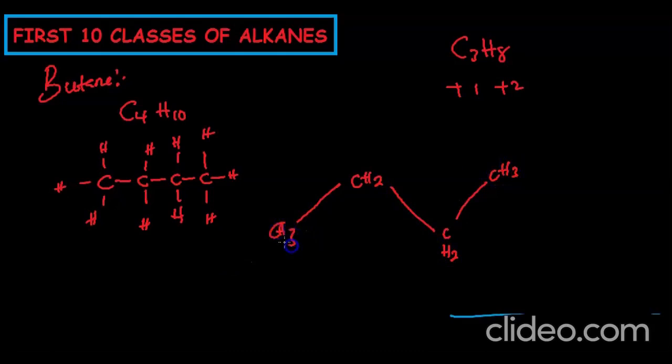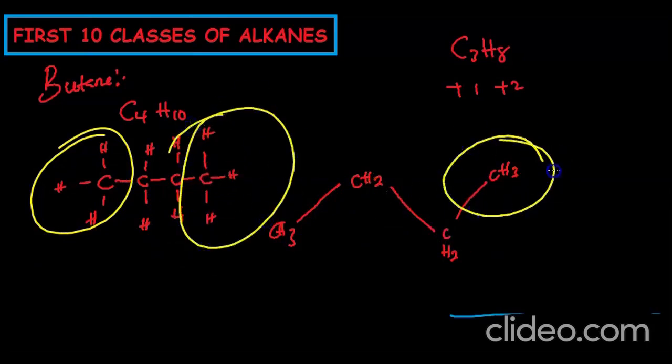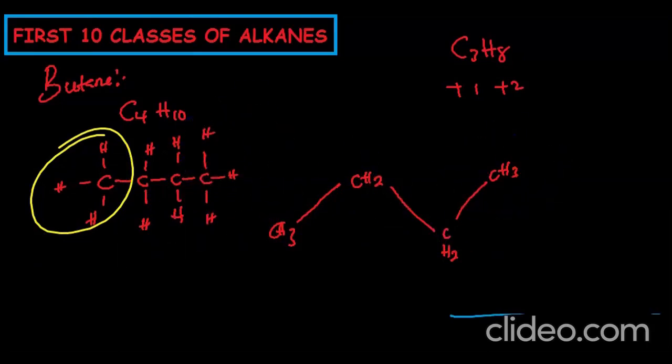This is also butane, because if you calculate the numbers of hydrogen and the carbon, here we have 1 carbon saturated with 3 hydrogen. Here we have 1 carbon saturated with 2 hydrogen. Here we also have 1 carbon 2 hydrogen, and this is what? 1 carbon 3 hydrogen. Therefore, this is the same thing.